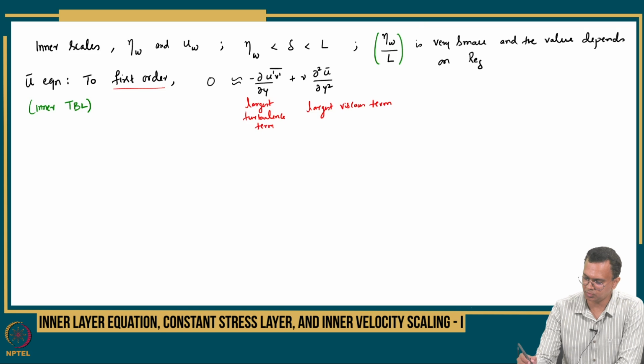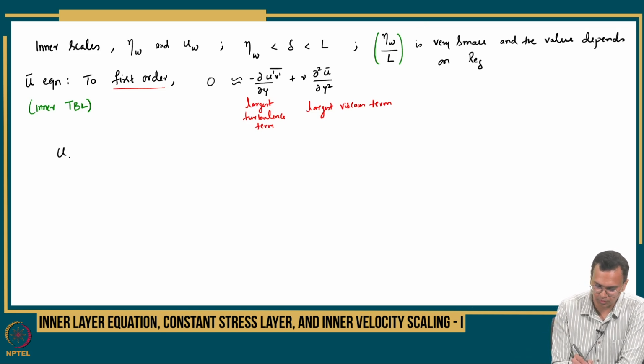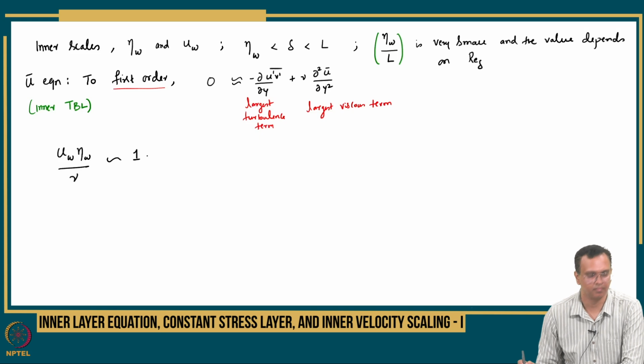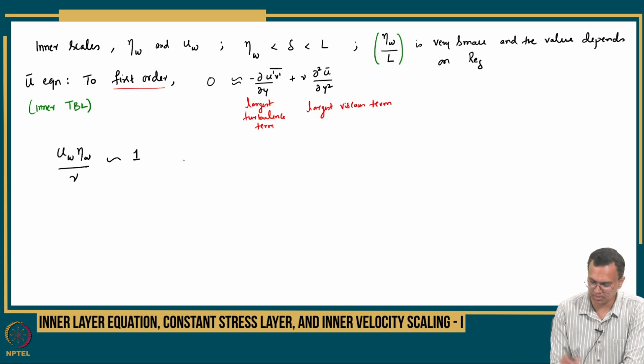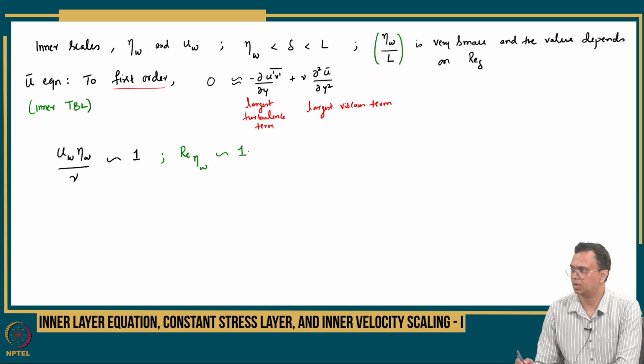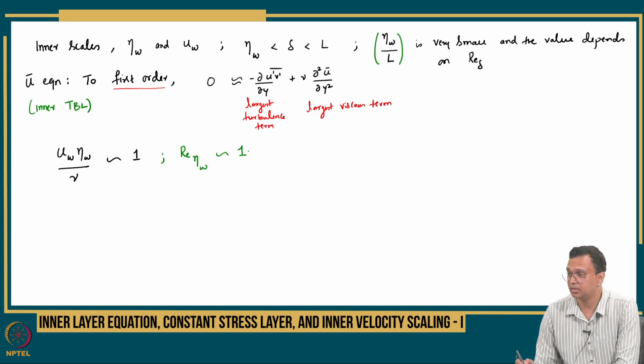In this layer these two terms are dominant to first order, and when we introduce the scales, this led to essentially uw eta w by nu being of the order of magnitude 1, right, and this is nothing but Re eta w being 1 inside the inner turbulent boundary layer.